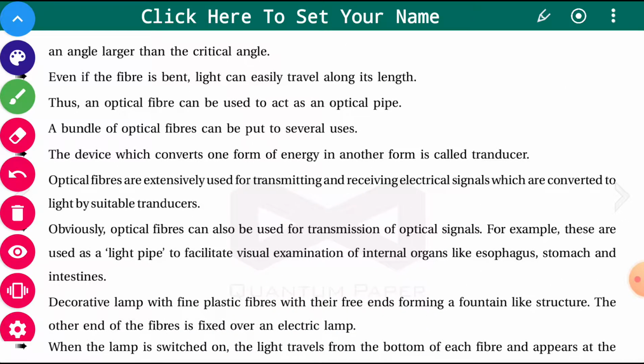The device which converts one form of energy into another form is called a transducer. What is a transducer? It converts one form of energy to the other. Optical fibers are extensively used for transmitting and receiving electrical signals which are converted to light by a suitable transducer.